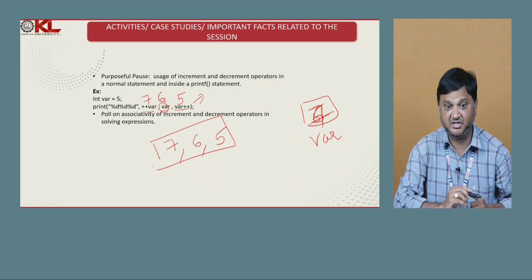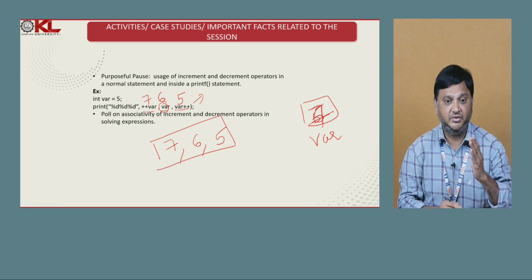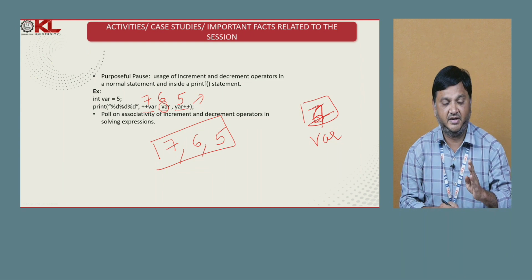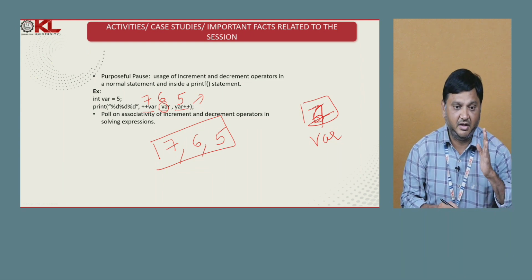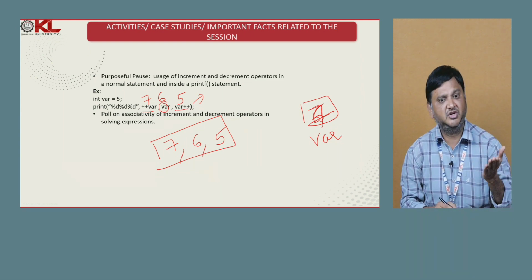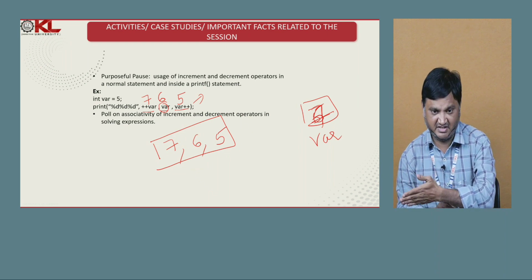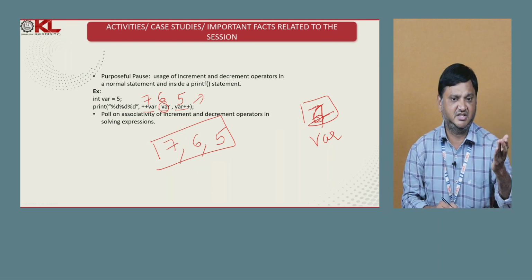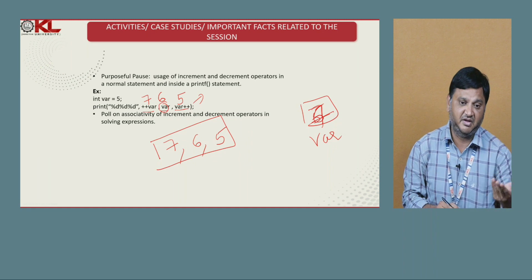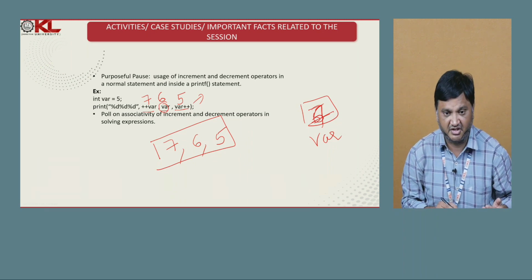And remember, my dear students, the solution will depend on the compiler you are using. Some students might get 7 comma 6 comma 6 or 7 comma 6 comma 5, or some others may get a different solution.